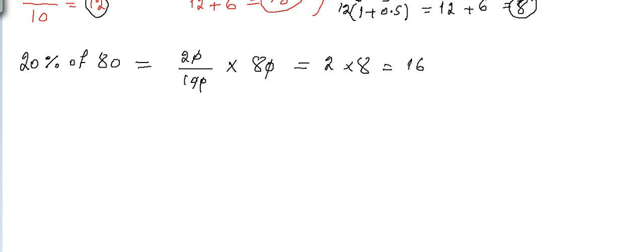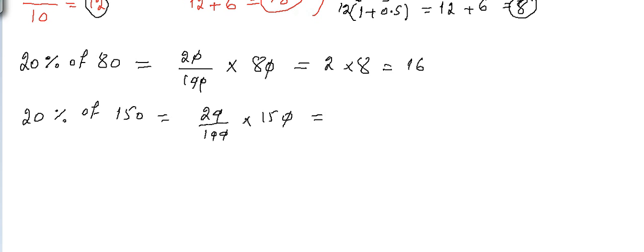Let's try another number. What is 20% of 150? It is 20 divided by 100 times 150, divided by 10, divided by 10, and we end up with 2 times 15, 30.